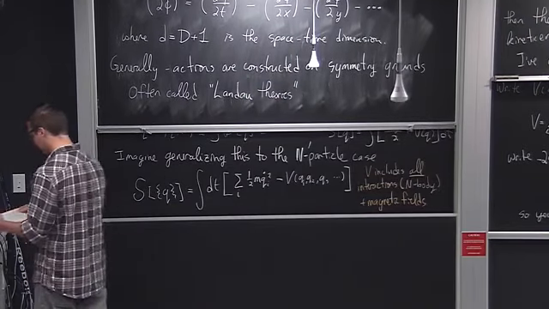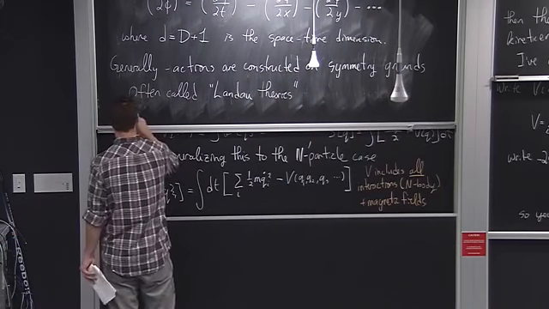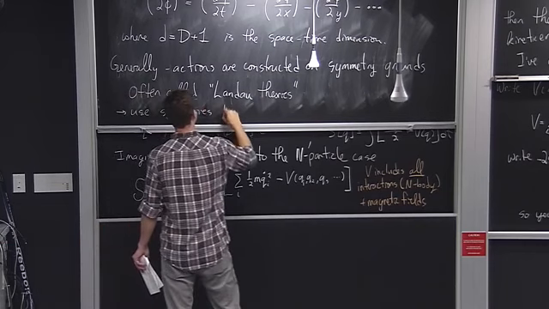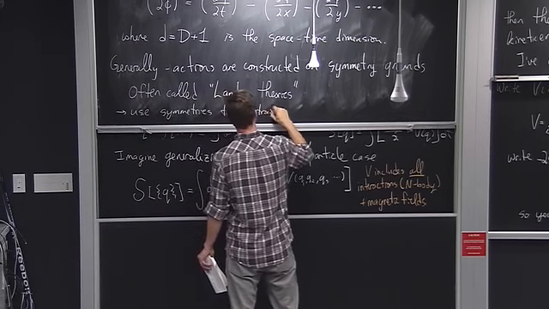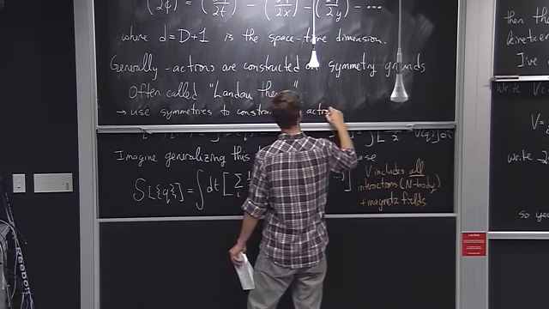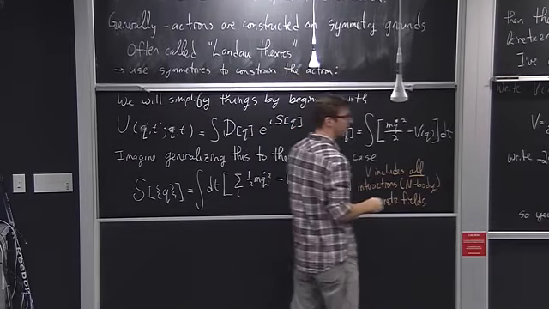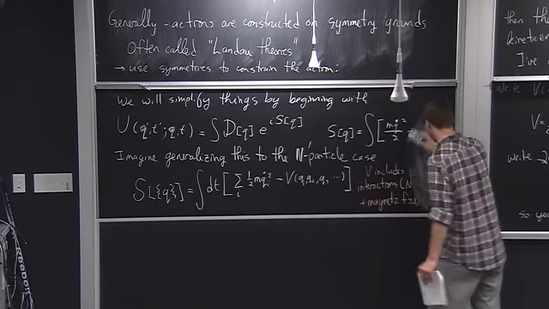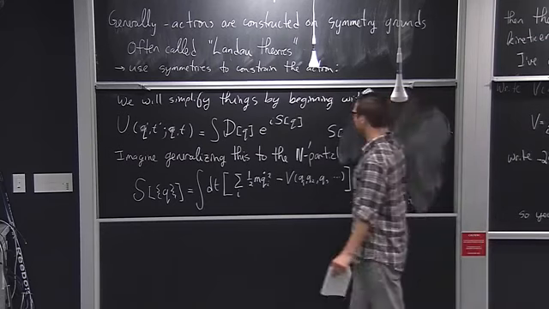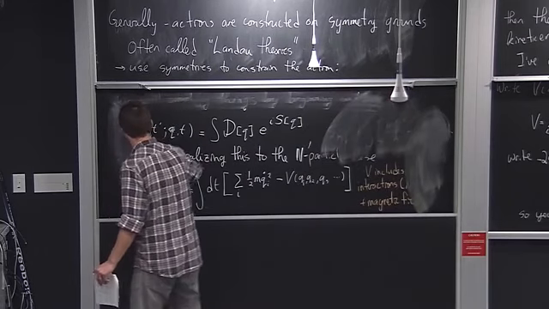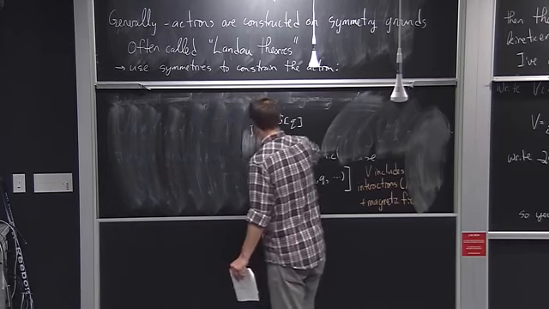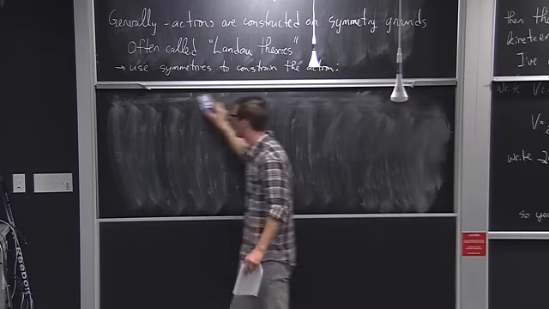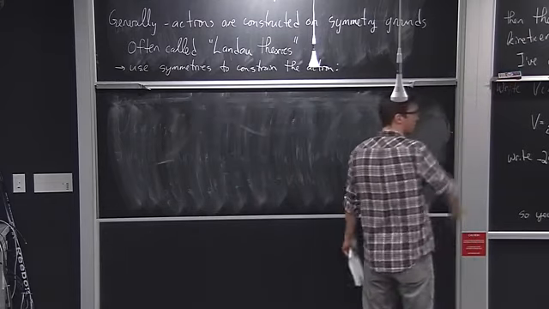So for example, symmetries constrain the action. One common one is that your action has to be invariant under multiplication of your field value by -1. What is that? Is that time reversal symmetry?